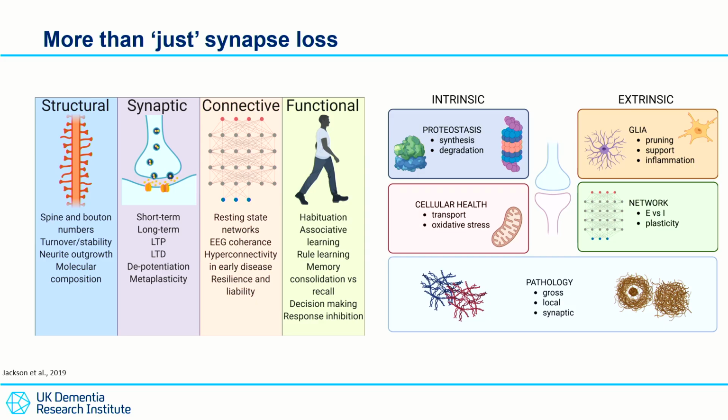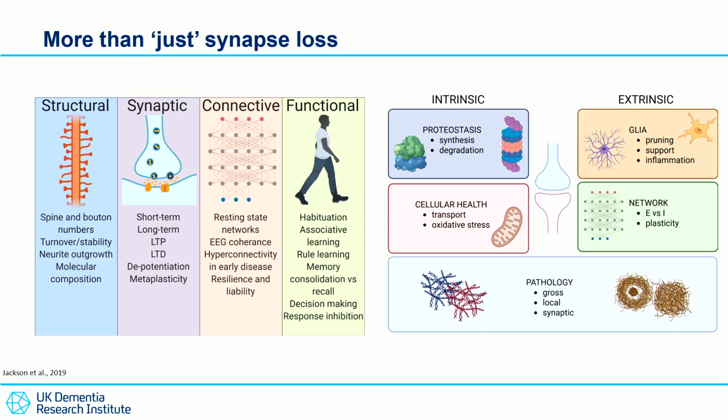And there is a complex interplay between intrinsic and extrinsic mechanisms. And I've just listed a few here. This is by no means an exhaustive list, so everyone will find something I've missed, I'm sure. But you can get intrinsic mechanisms. So this is the health of the neuron to which the synapses belong.